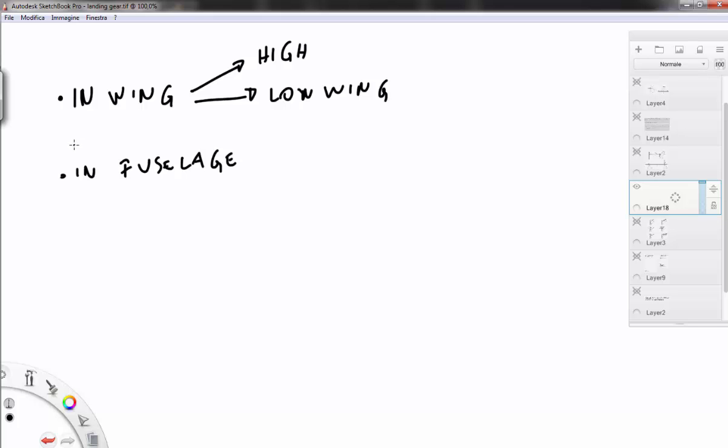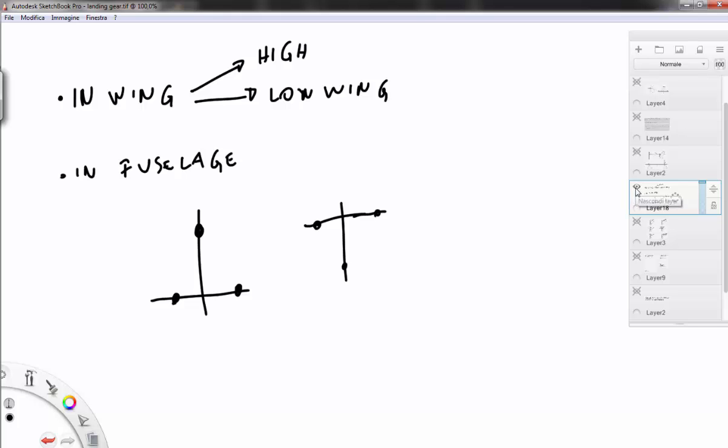Of course, you also have the tricycle configuration, and the inverted tricycle, which was used during World War II. If you look at an image of the Spitfire, the other one is inverted. The calculation is the same, it does not change.